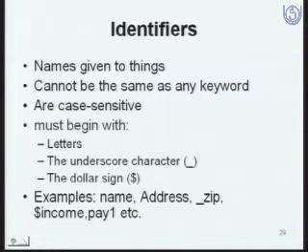And there are some other restrictions also: identifiers are case sensitive. If you write null in capital and null in lowercase, then these are different. You can use null in capital letters for an identifier, but you cannot use null in lowercase for identifiers. So these two are different. In Java, identifiers are case sensitive.